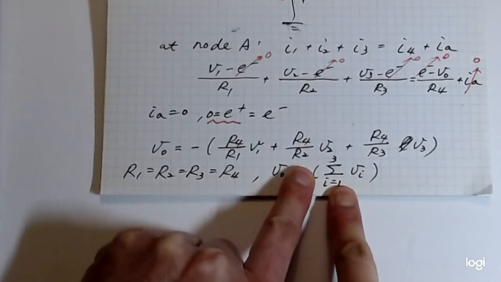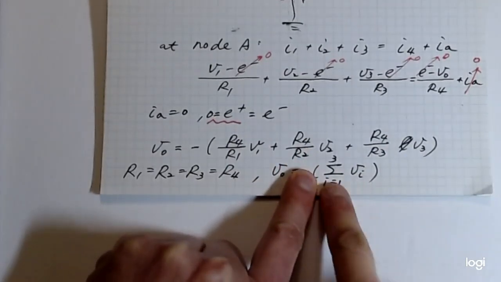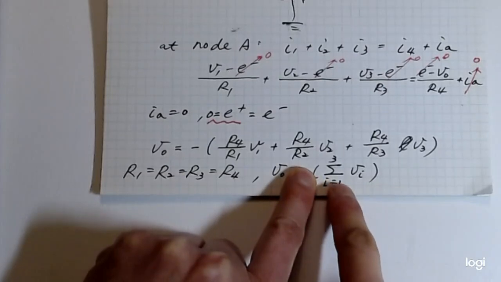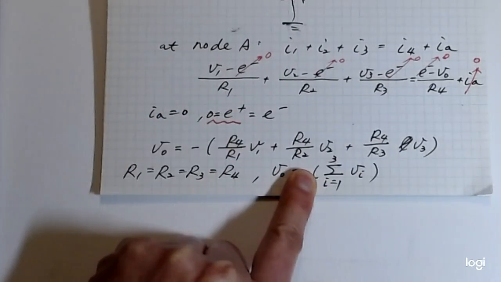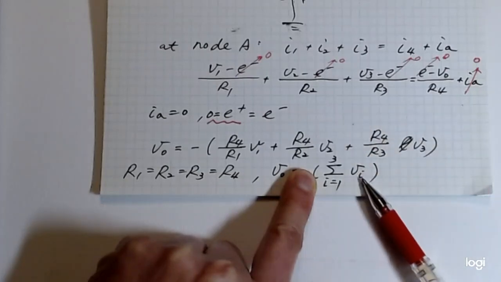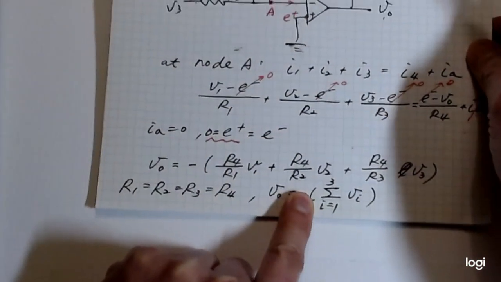So this circuit is a summation of three voltages, 1, 2, 3 V in.